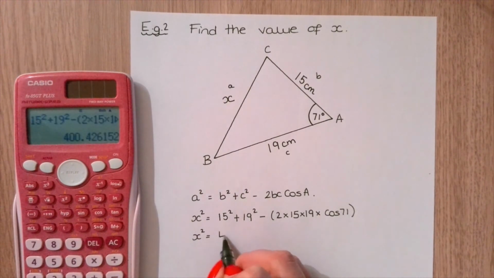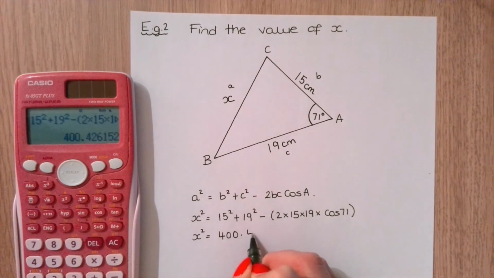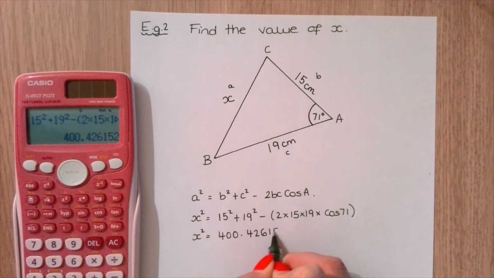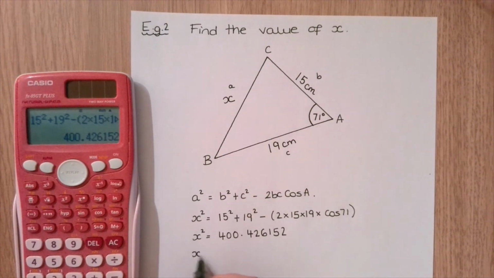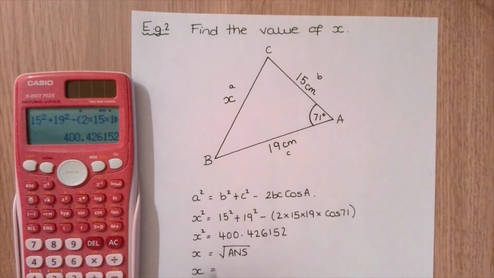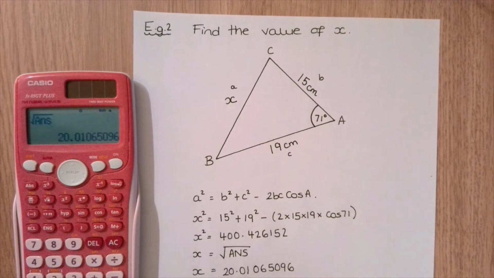I get 400.426152. To find x, I square root that answer. So x is equal to 20.01065096. So I get 20 centimetres to 3 significant figures.